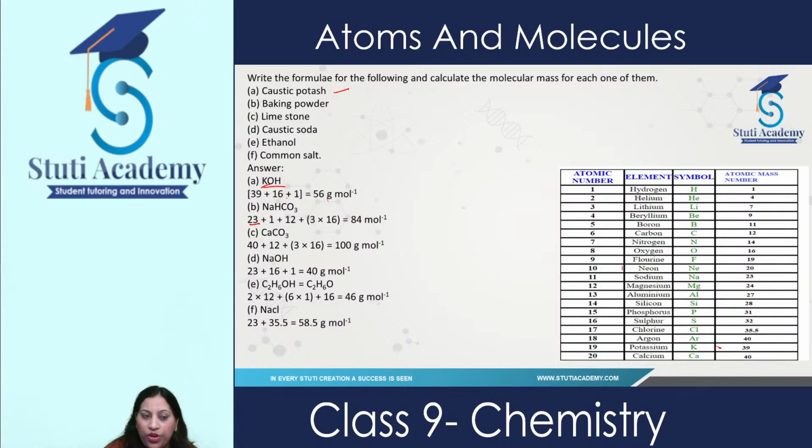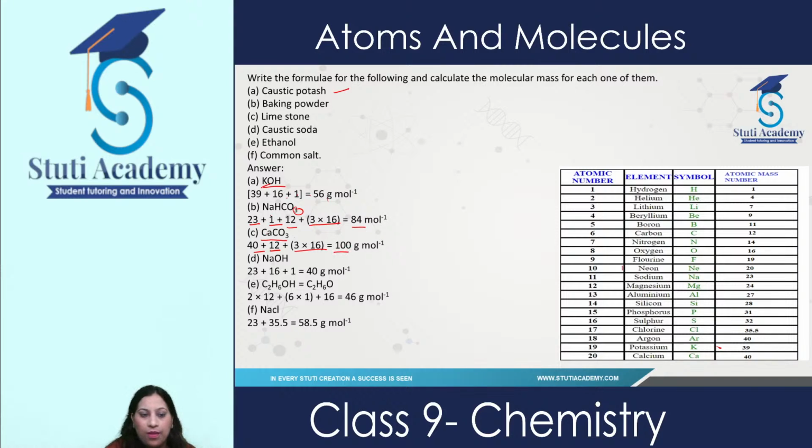Then sodium plus hydrogen plus carbon plus 3 into oxygen, so the answer is 84. Then we have calcium carbonate: 40 for calcium, 12 for carbon, 3 into 16 for oxygen, and we'll get 100.